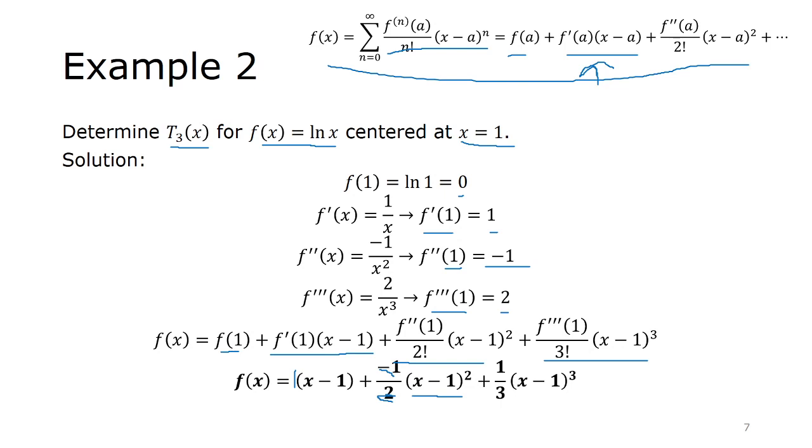And then we've got plus 1 third, right? That actually was simplified from 2/6, right? We do 2 divided by 3 factorial, which is 6, which simplifies to positive 1/3 times x minus 1 cubed. You could keep going if you wanted to list more terms of the Taylor series, but this is your third degree, since it's cubic, the third degree Taylor polynomial.